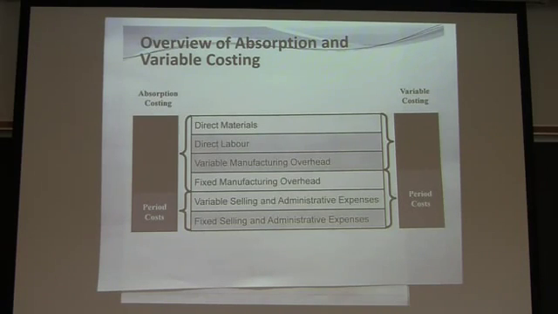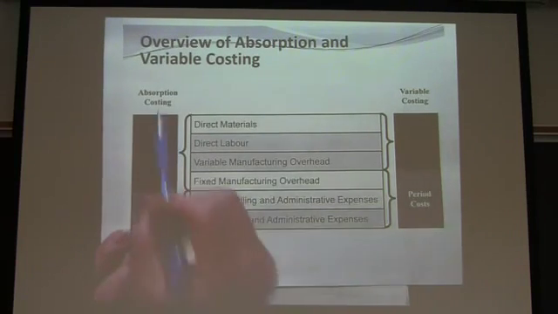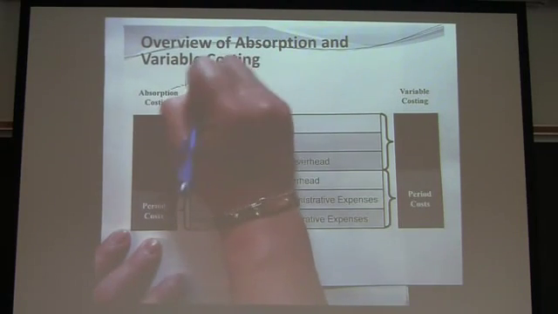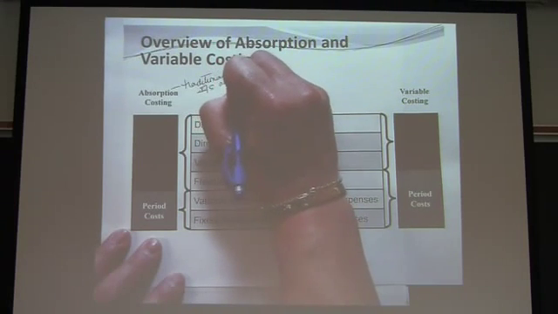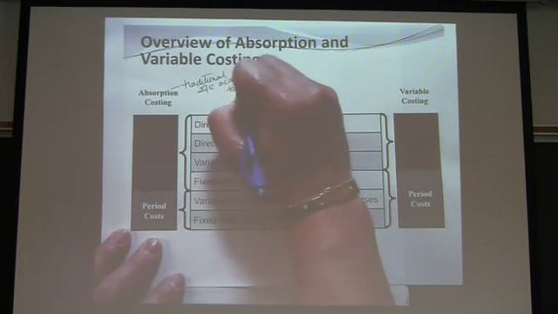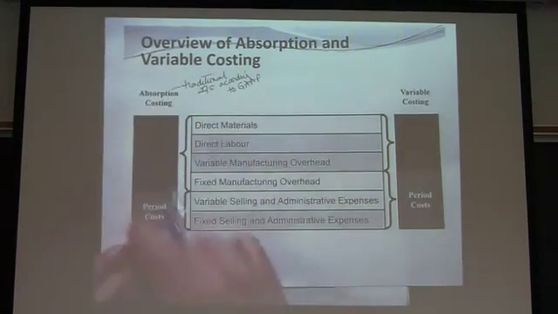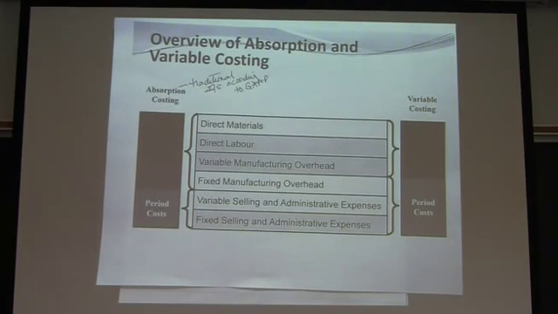Now, under absorption costing, you'll see that this is our traditional income statement according to GAAP. Whether it's IFRS or ASPE, this is what we call the traditional, and this is what's allowed for financial statement reporting.